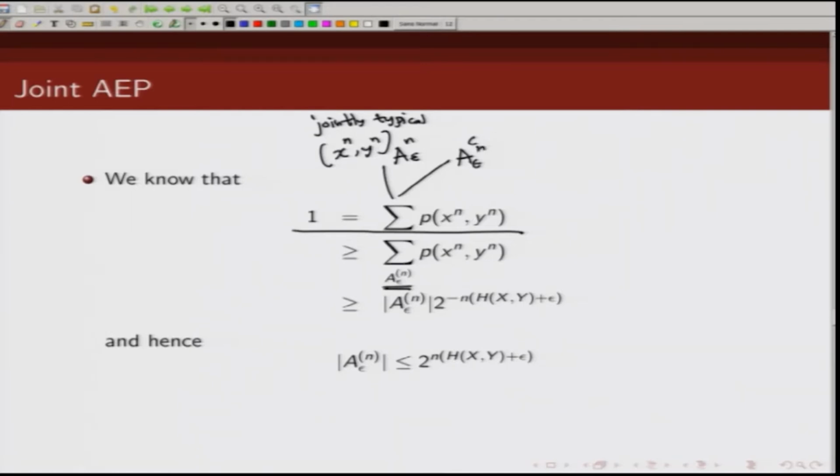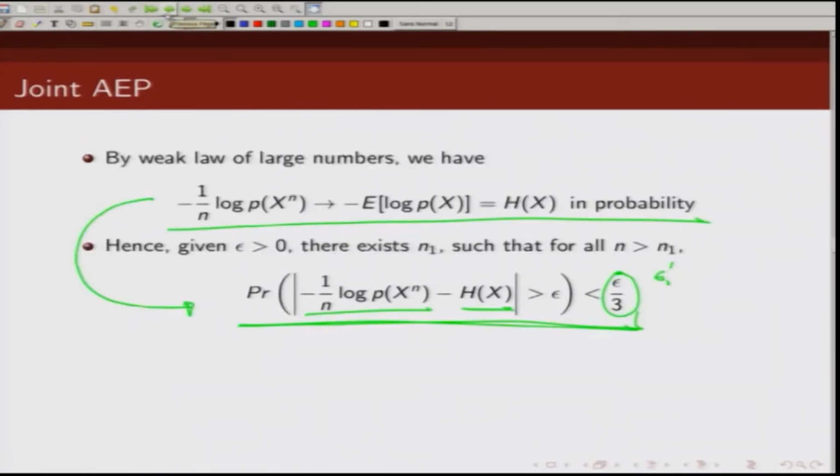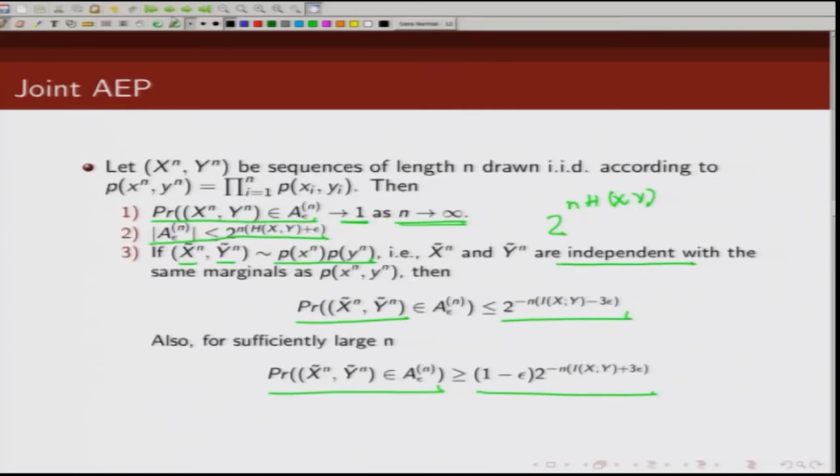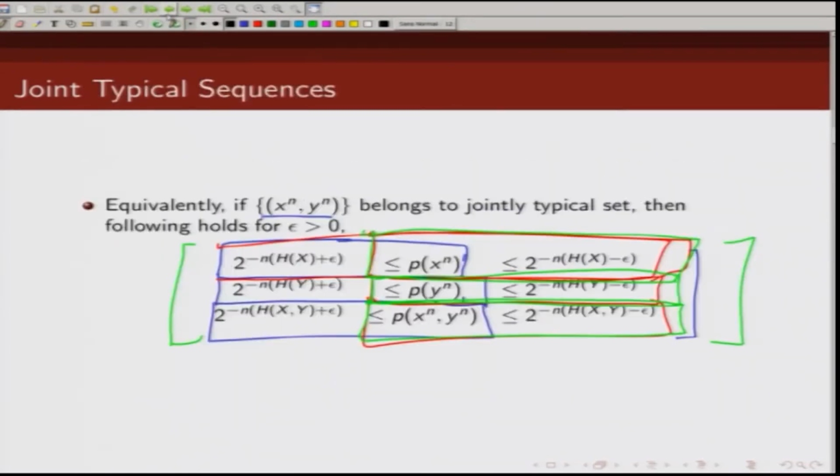So, if I sum over only the jointly typical set, this summation should be less than or equal to 1, and invoking this property, which follows from the definition of jointly typical sequence, I know from here that P of x^n y^n is less than or equal to this, and greater than or equal to this quantity.